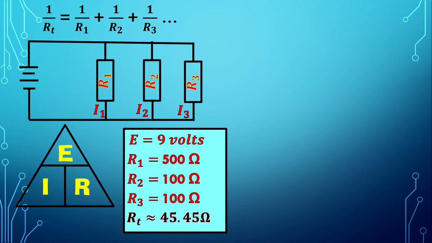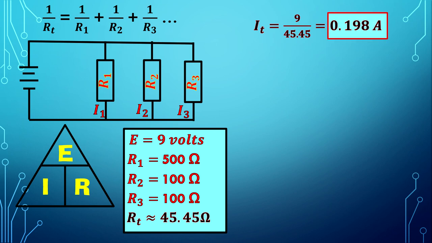All right, so I'm going to bring that down there. All right, I can get my total current, take my voltage, divided by the 45.45, and I get 0.198 amps. Now let's calculate each of the branches. So going through that first resistor, 9 divided by 500 is 0.018 amps.